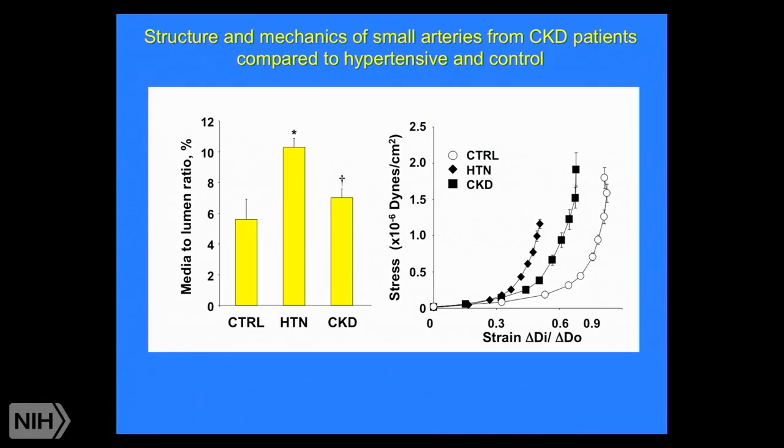So this study carried out by Marie Brier, a nephrologist from Paris, from Hôpital Européen Georges Pompidou, who spent 3 years with us doing biopsies of gluteal subcutaneous tissue, looked at media to lumen ratio of small arteries in stage 4, pre-dialysis, chronic kidney disease patients. And you can see here that although blood pressure was as high as that of hypertensive individuals, they had less vascular remodeling.